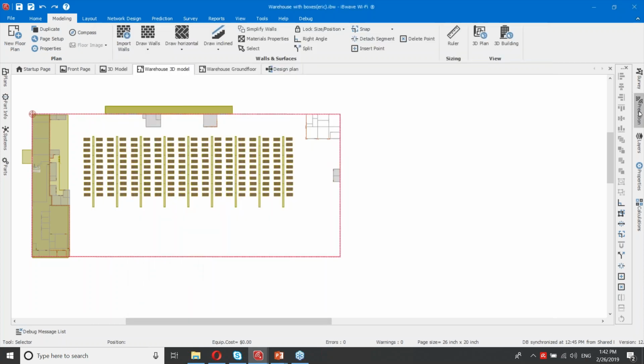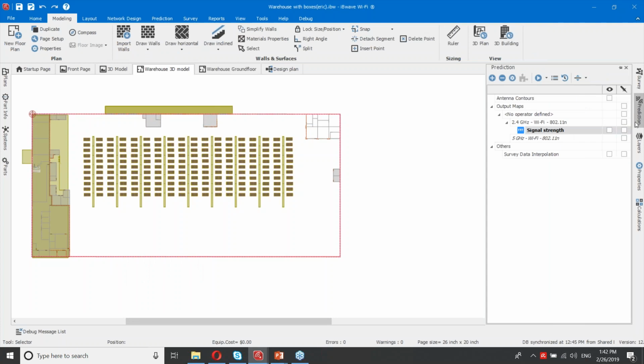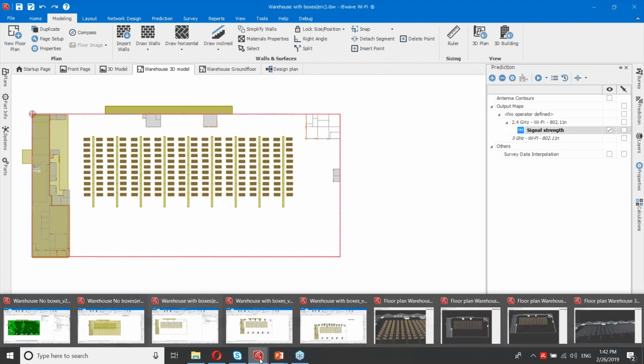So there, signal strength prediction. Okay, so let's see, why am I not seeing the prediction?